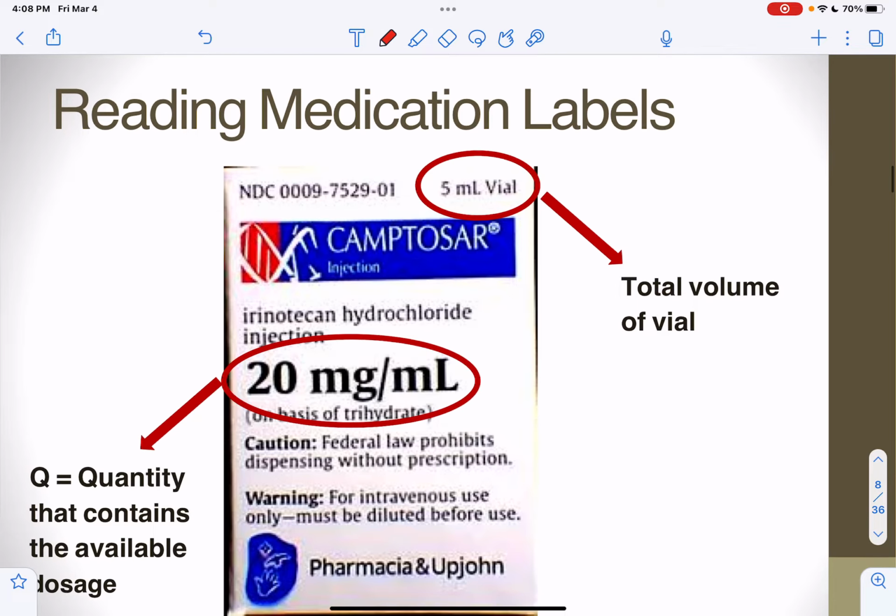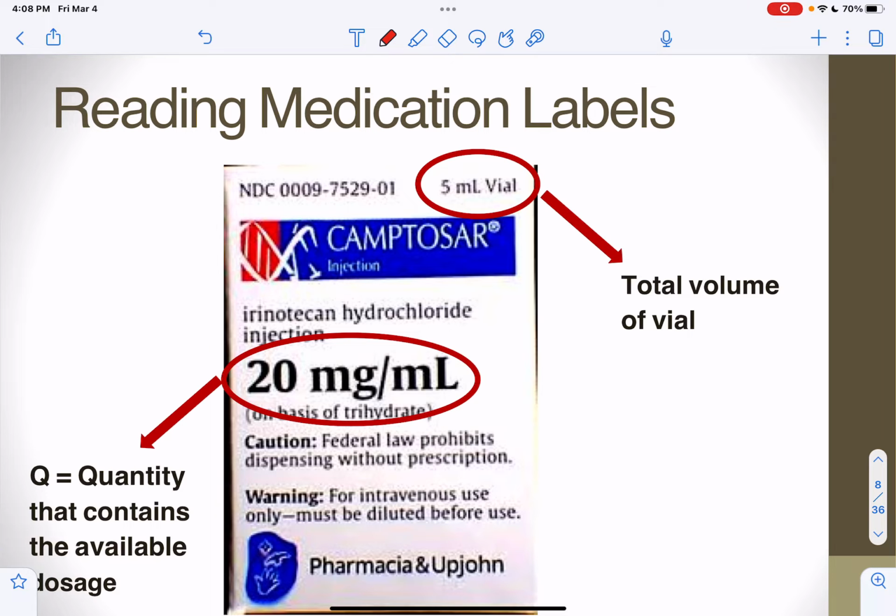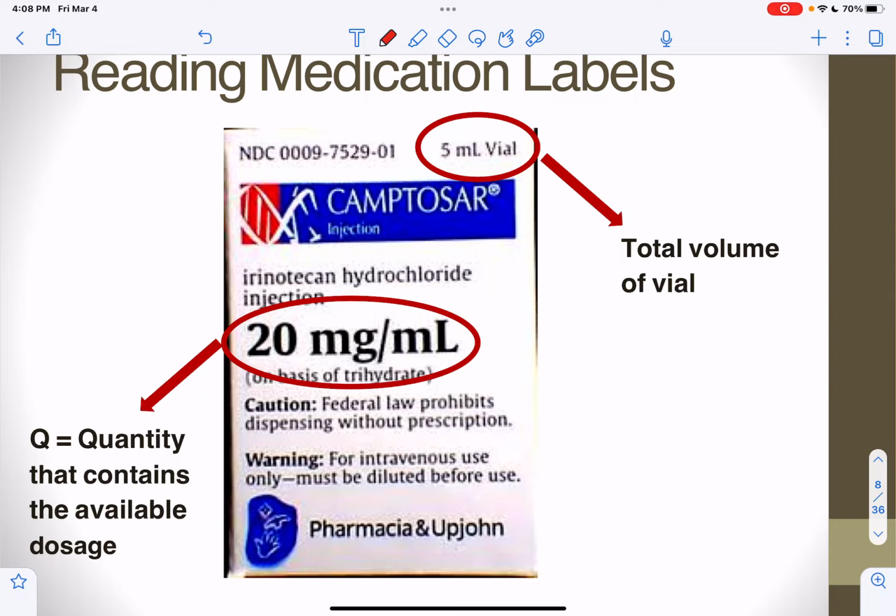So first of all, we need to be able to read the medication labels. Super, super important. So when we're looking at it, we need to find the quantity, the dosage that's measured out on the label, right? So that's right here. So in this vial, that is 5 milliliters total, there's 20 milligrams of this medication, irinotecan hydrochloride, right?